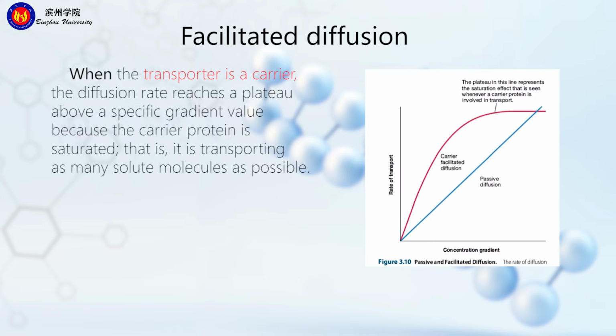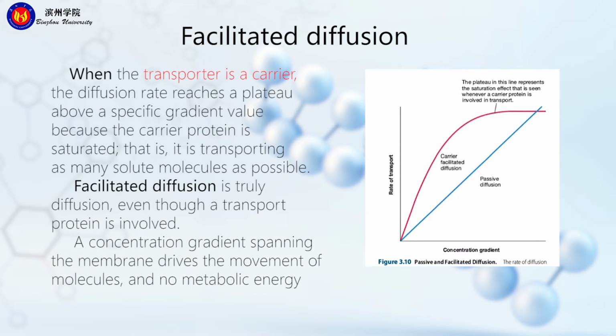Look at the picture. The blue line shows passive diffusion, and the red one shows carrier-facilitated diffusion. The plateau in this line represents the saturation effect that is seen whenever a carrier protein is involved in transport.